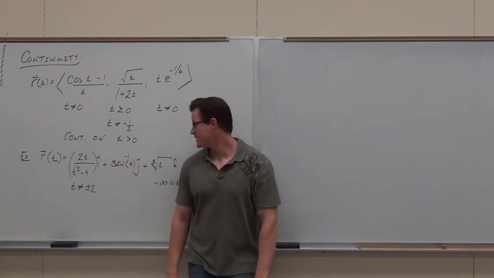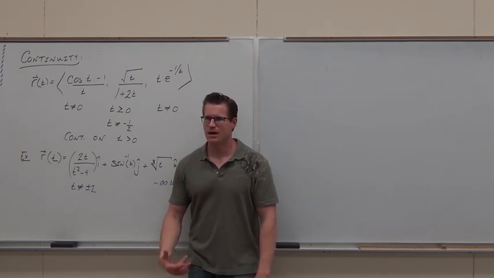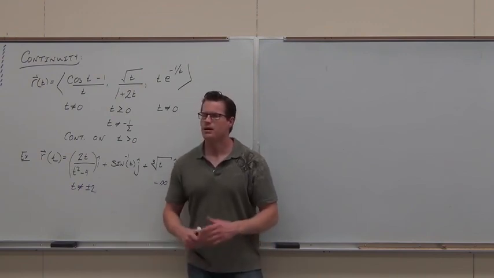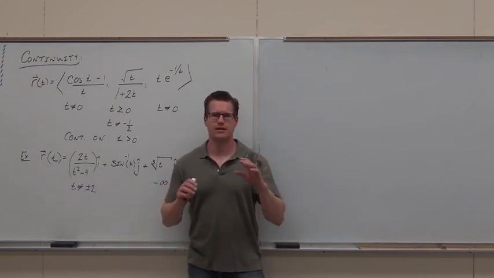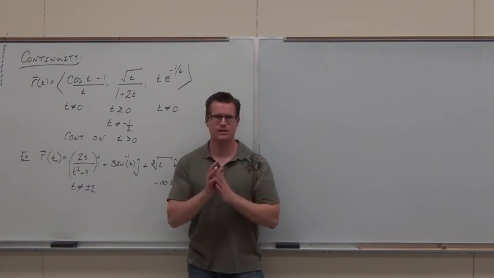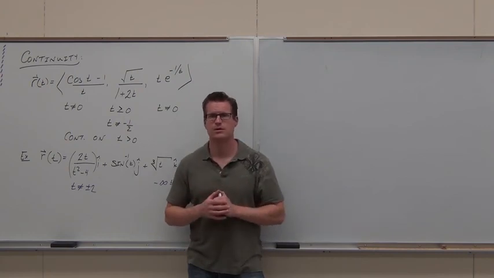So you go sine inverse of t. Goodness. How high does sine get and how low does sine get? Sine inverse works this way. It takes sine, which goes from negative pi over 2 to pi over 2 and negative 1 to 1, and sine inverse flips those.